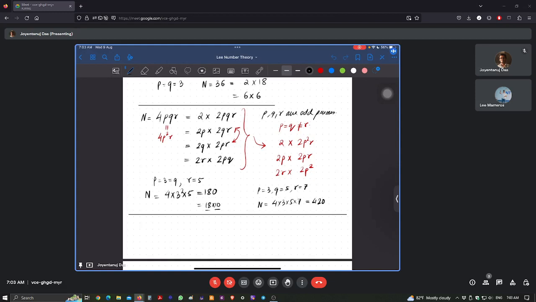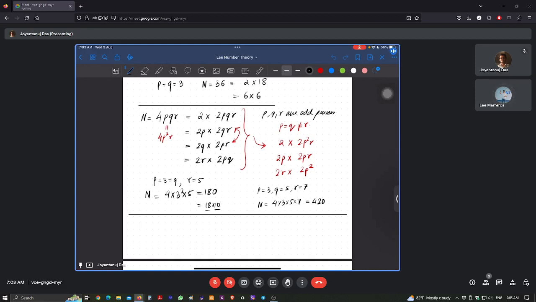And the last part is to find the smallest number with 4 factorizations. So if p, q and r are different, then it is fine. We have 4 factorizations, but the smallest number I get is 420. The question is, is this the smallest, or can we create something smaller that will have 4 factorizations?